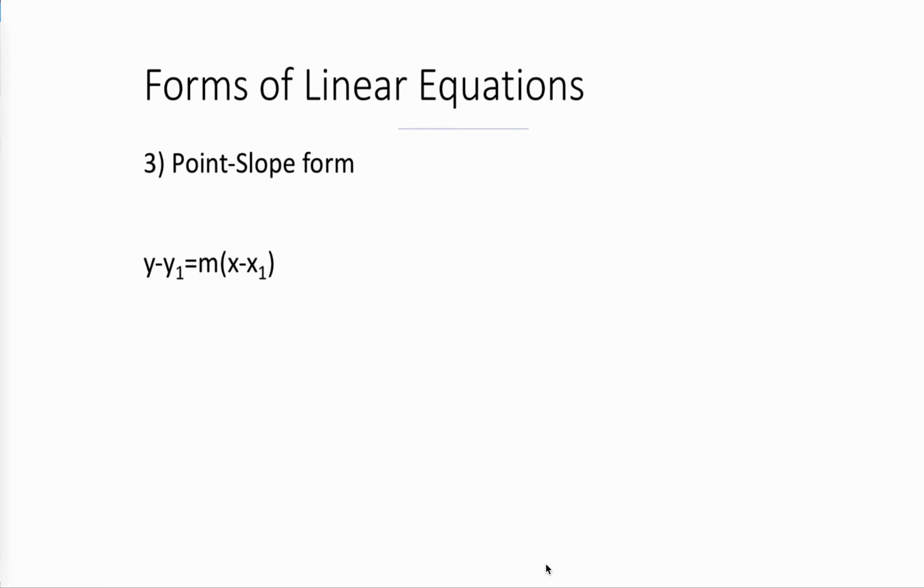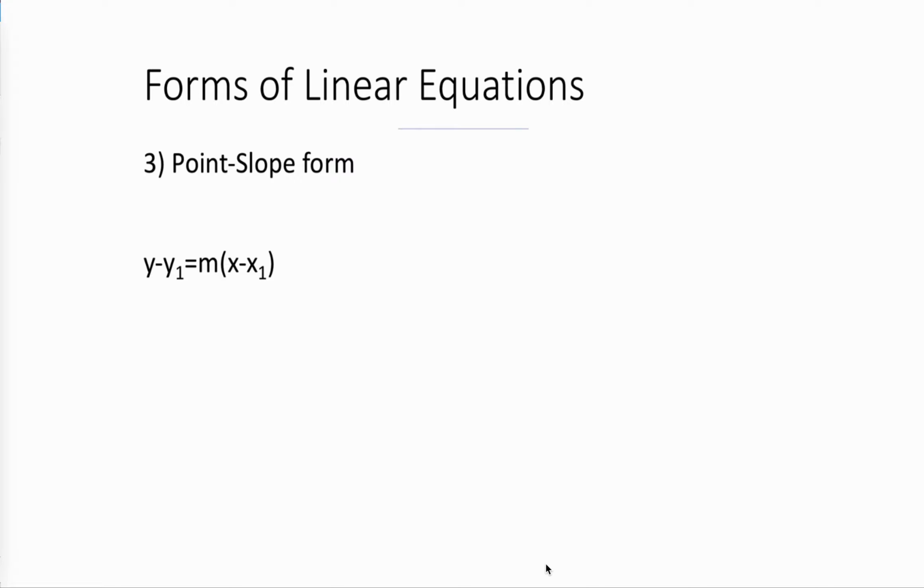The third form of the line is the point-slope form, and this is most helpful when you have a point and when you have the slope, or when you are trying to find the equation of a line that goes through 2 points.